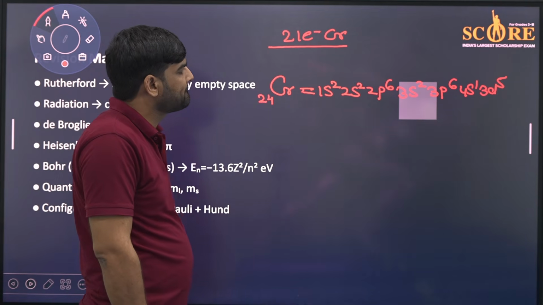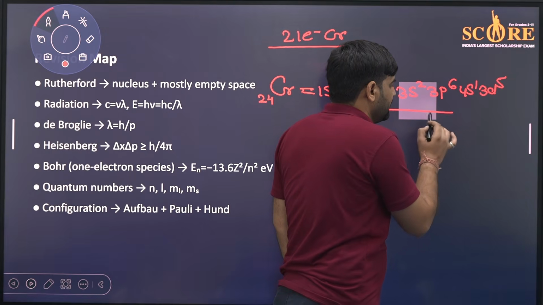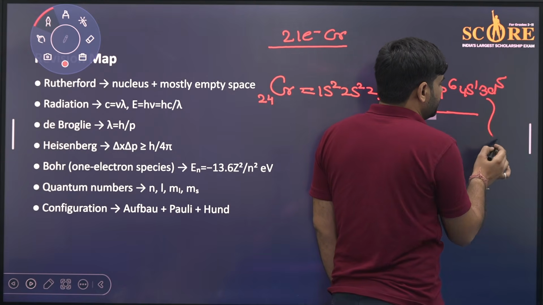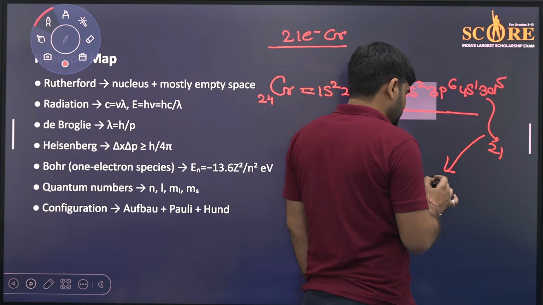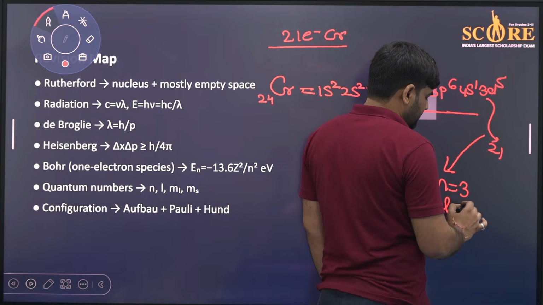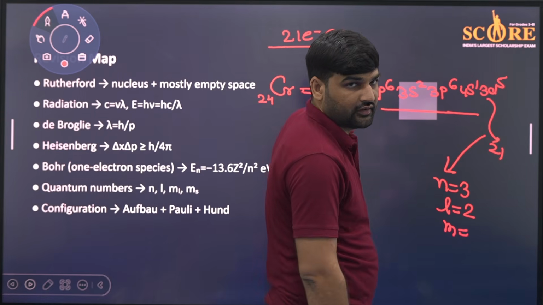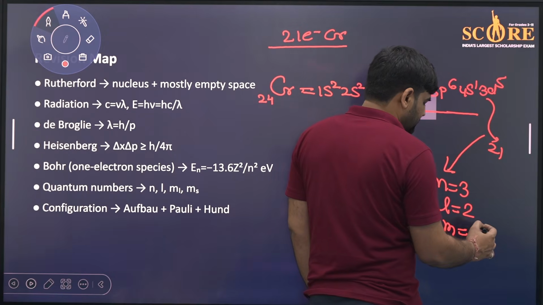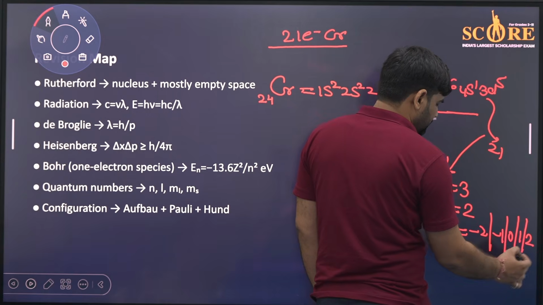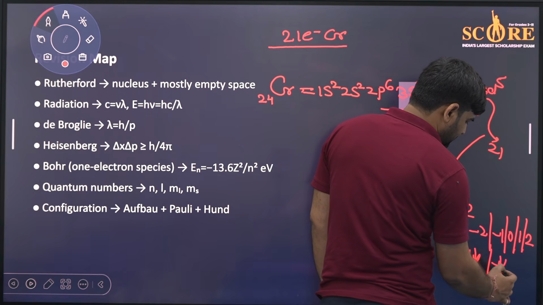Now, up to this point 18 electrons are filled up, this is 19, this is 20, and the 21st electron is here. So principal quantum number is 3, L is 2, and for d, L is 2, M is -2, -1, 0, 1, 2 and S is +½ and -½.